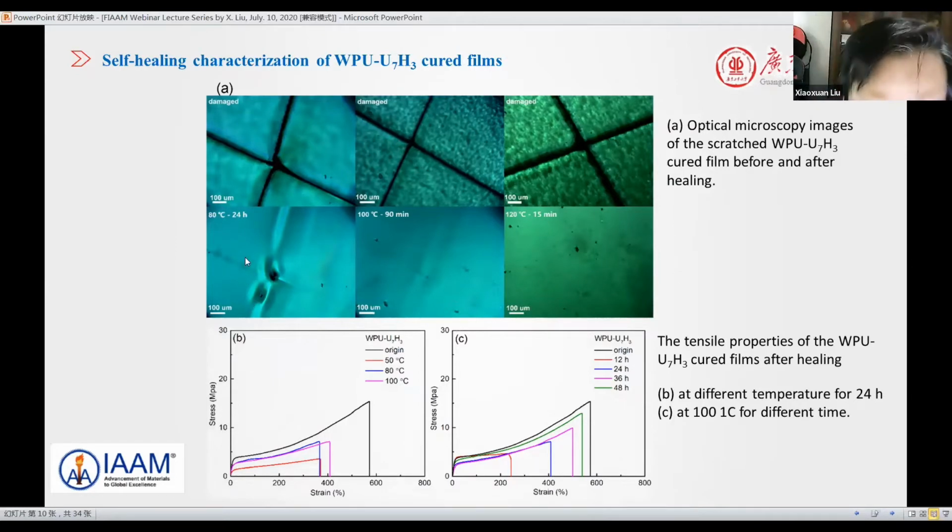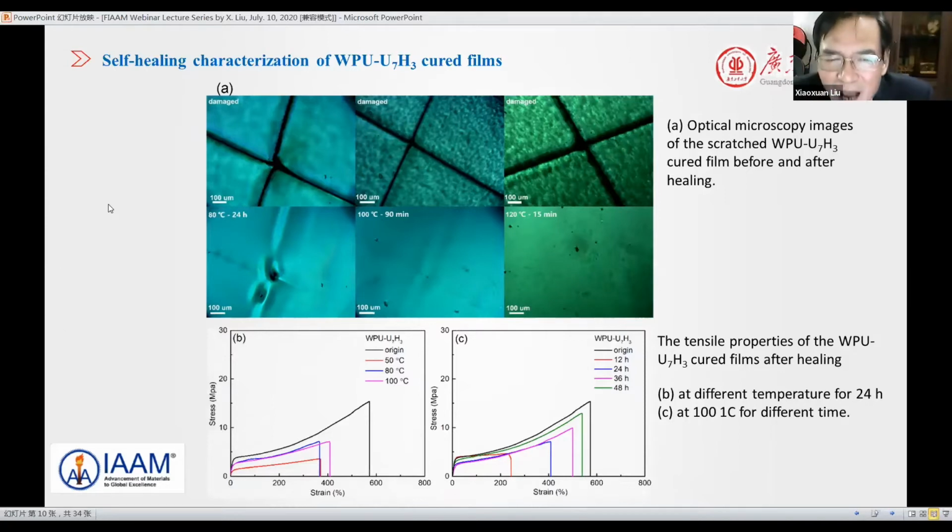This is 80 degrees centigrade for healing 25 hours. This is 100 degrees for heating, 19 minutes. This is 120 degrees and 15 minutes.